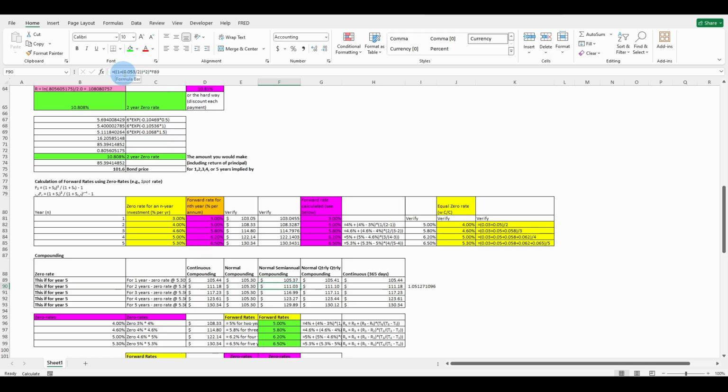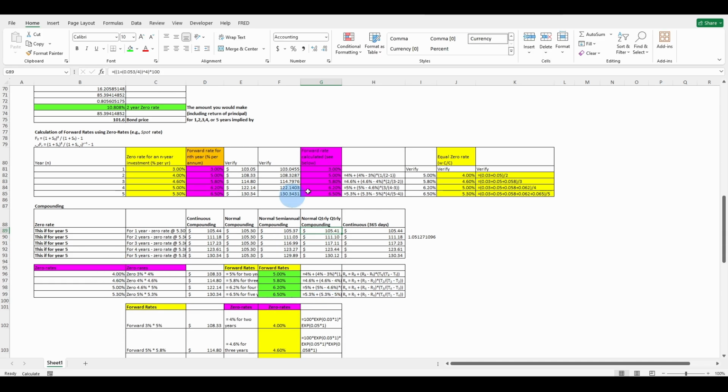Then we're going to take 105.3 divided by 2 to the power of 2 times F89, so 105.37. For 3 years, we have 105.3 divided by 2 times F90. So we have to go back up 1 year in order to accumulate, because we know what the second year semi-annual compounding is. So the third year is going to be the same thing. All we're using is the compounded interest from year 2. Quarterly compounding, we're going to do the same thing. All we're doing is dividing by 4 and going up to the previous row.